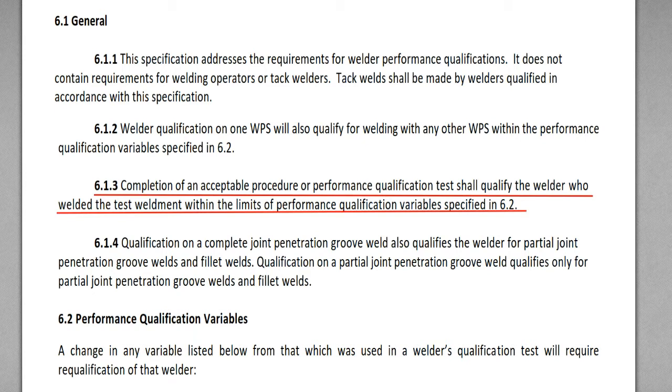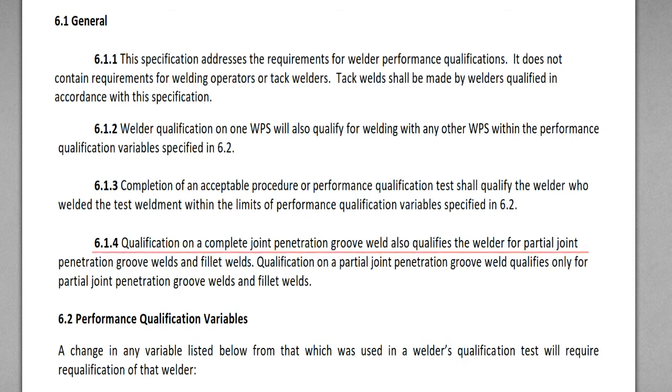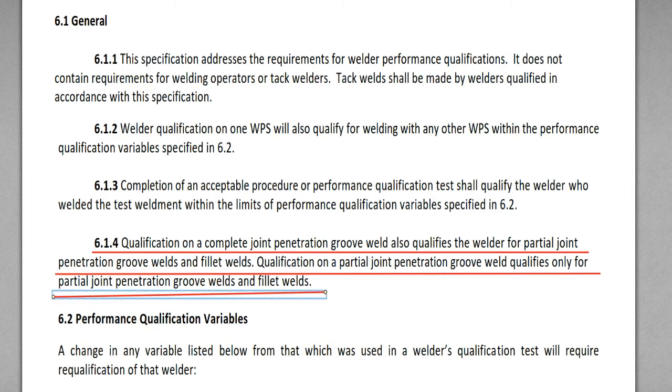A similar sentence as 6.1.2. 6.1.4 Qualification on a complete joint penetration groove weld also qualifies the welder for partial joint penetration groove welds and fillet welds. Qualification on a partial joint penetration groove weld qualifies only for partial joint penetration groove welds and fillet welds.